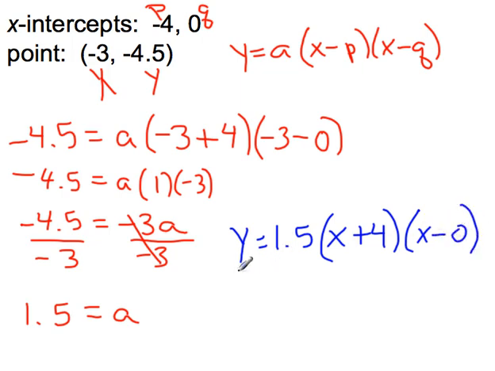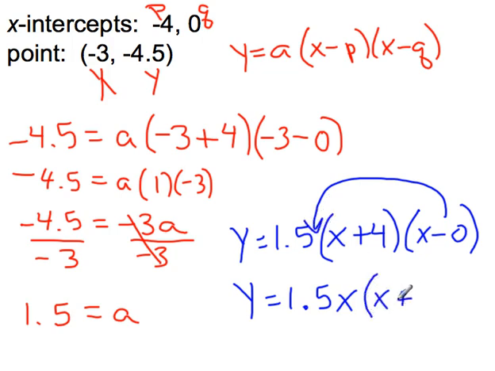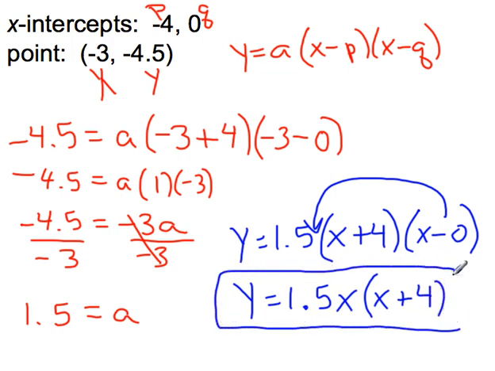Now to simplify this even a bit further, I know that x minus 0 is just x. So I'm going to go ahead and rewrite this as 1.5x, okay? I can change the order because this is multiplication and multiplication is commutative. So all I did was figure this out and put it here, which is fine. And then I still have x plus 4 left. So that would be the equation in intercept form given those intercepts and point.